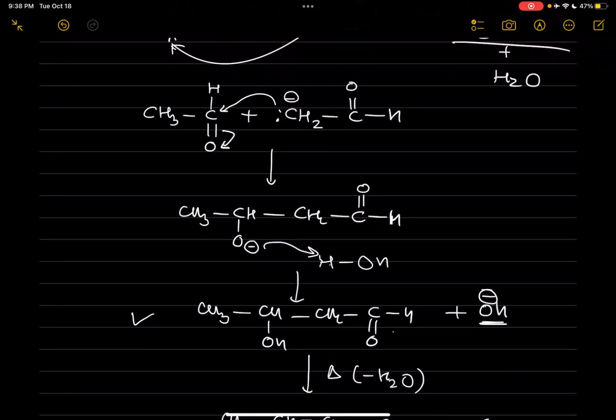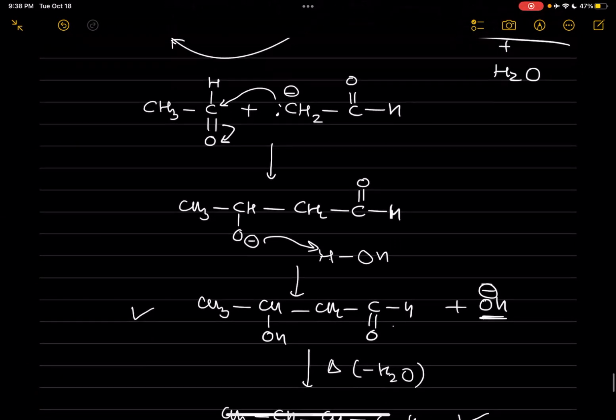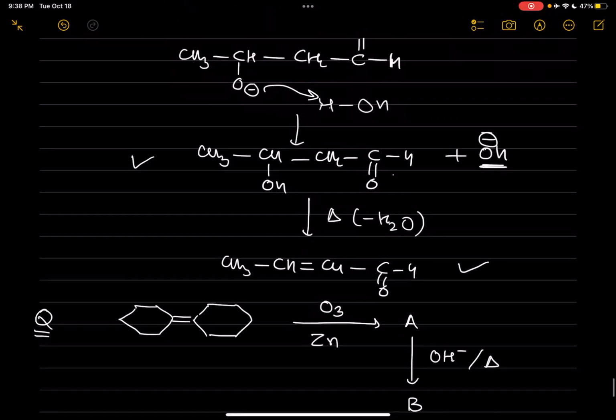If heat is not given, you are going to stop here. But if heat is given, or if there is a phenyl group, listen very carefully, then you are going to remove water and make that double bond, even with the phenyl. So if a phenyl group is present, we need to apply heat.